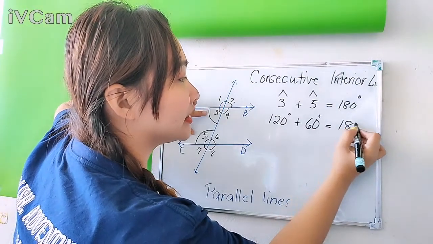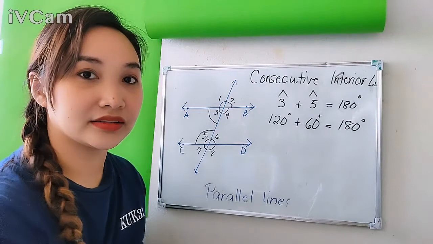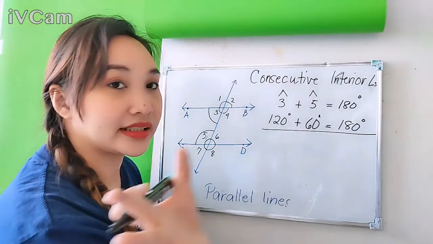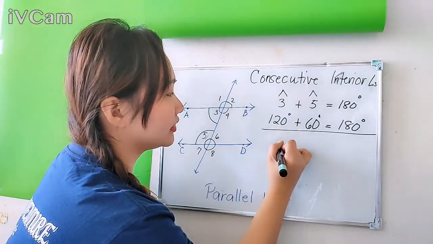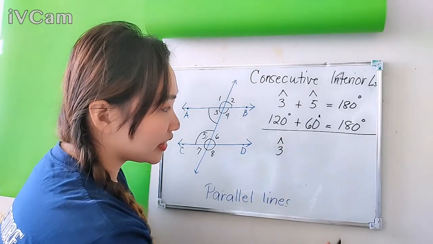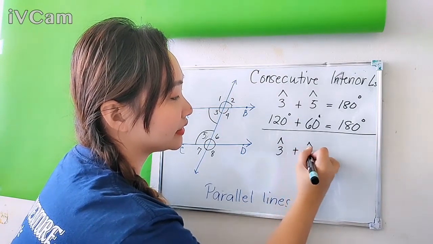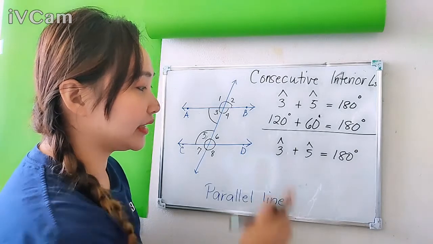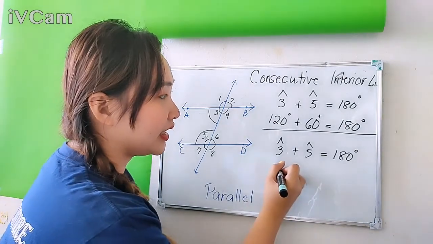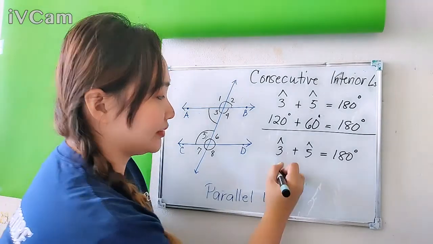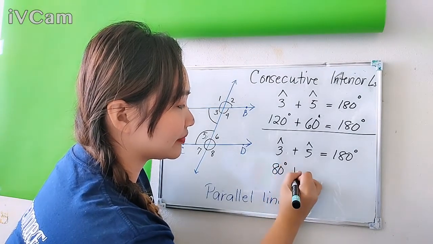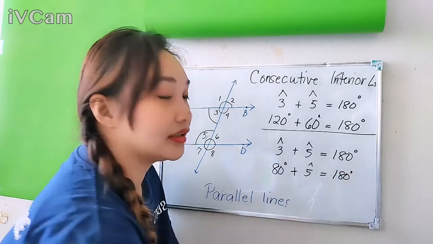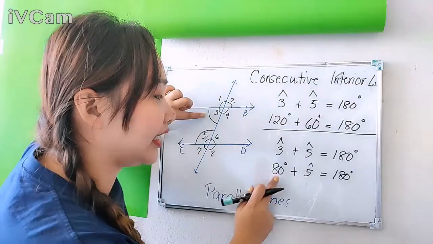Alright, another example. Angle 3 plus angle 5 is equal to 180 degrees, right? How about if angle 3 measures 80 degrees, plus angle 5, that is equal to 180. Now if angle 3 is 80 degrees, what is the measure of angle 5?